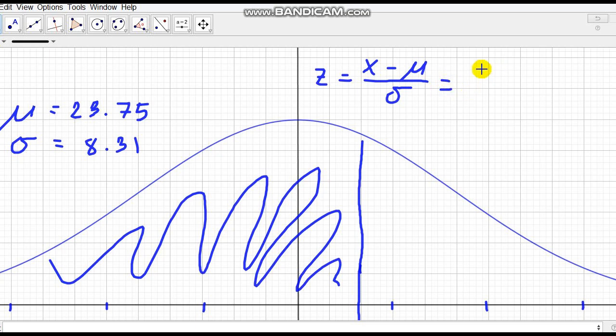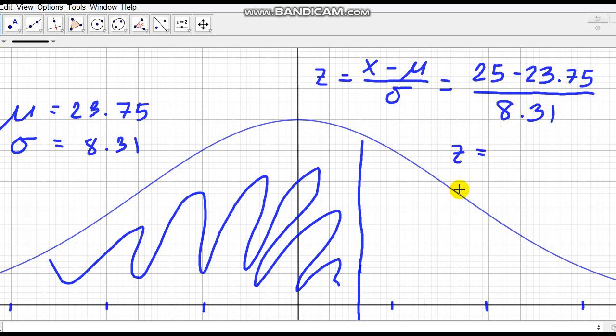So this is equal to 25 minus 23.75, that's the mean, divided by the standard deviation, which is 8.31.